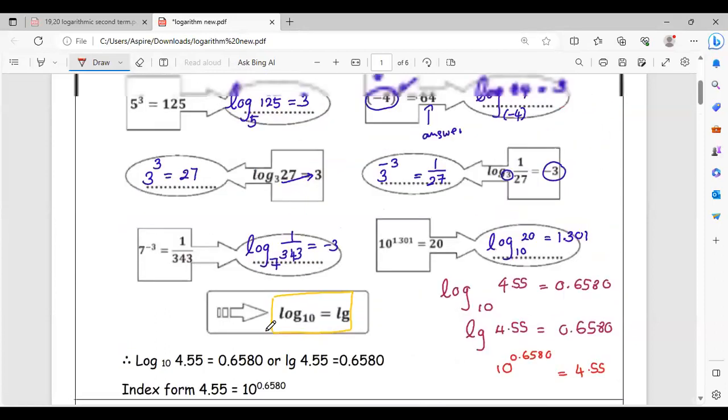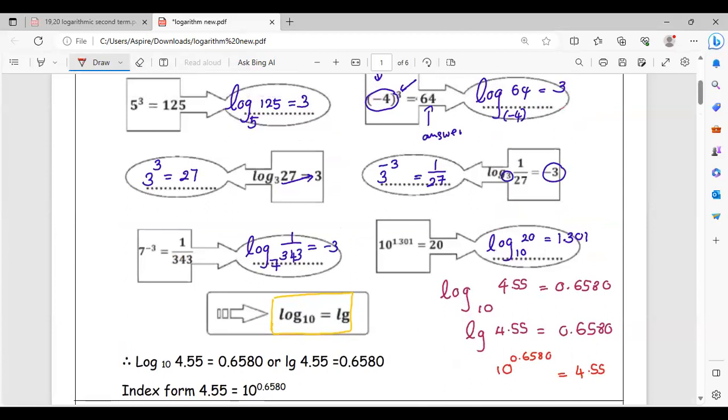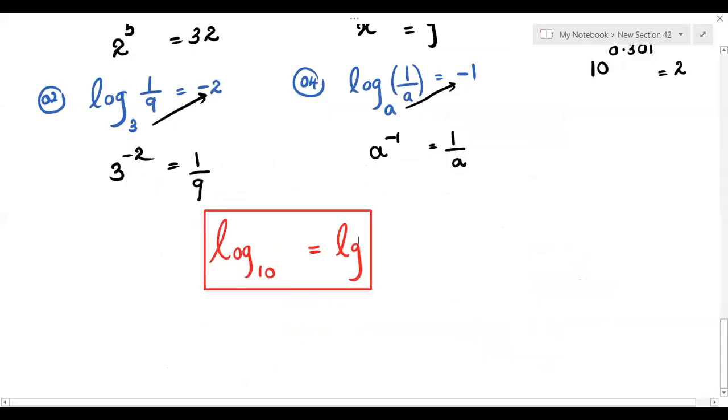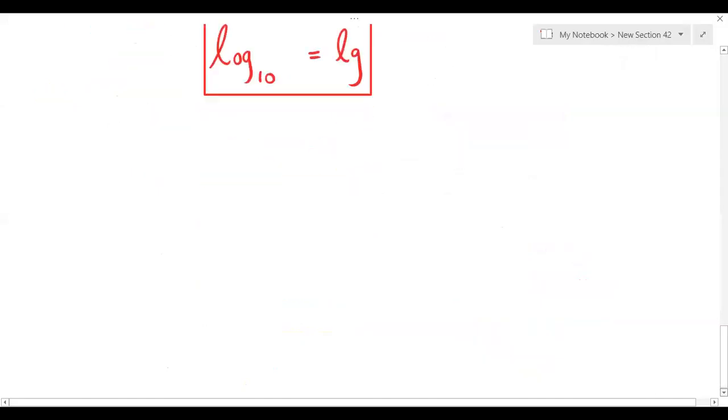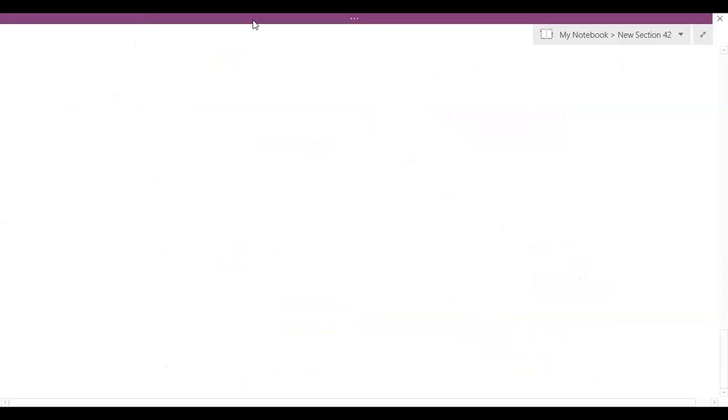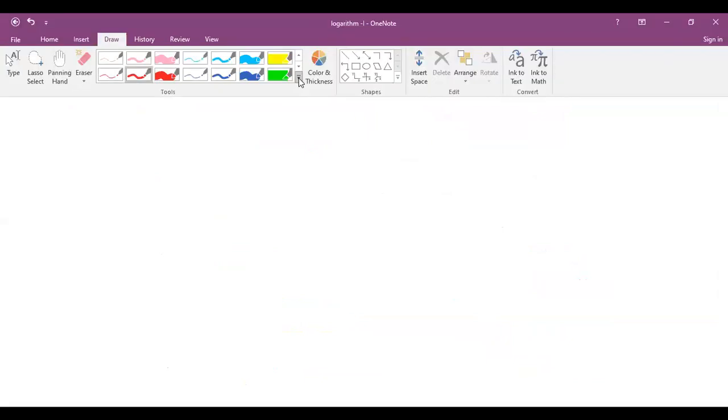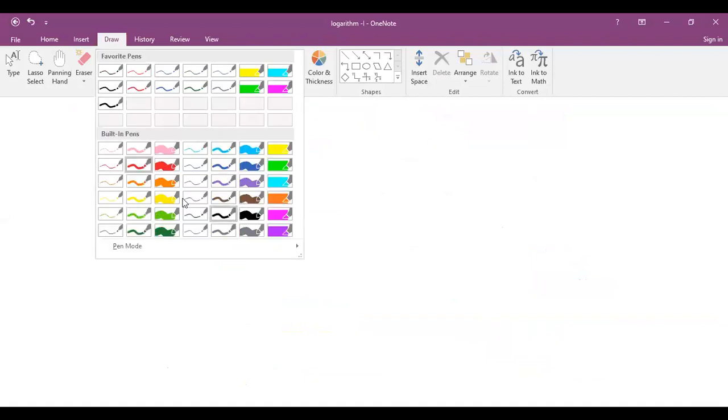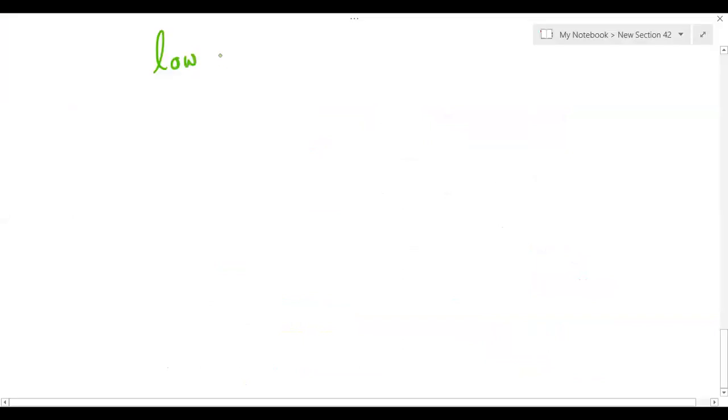Okay. Then let's move to the next part. It is about the laws of logarithms. Write down the topic. Or we call them properties of logarithms.